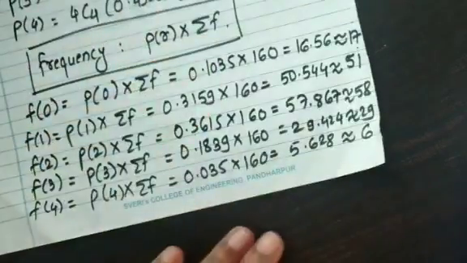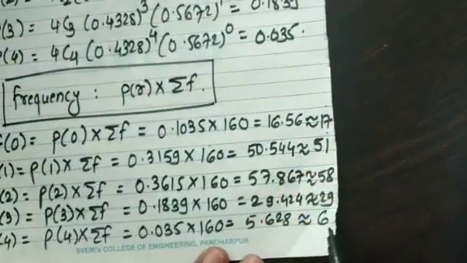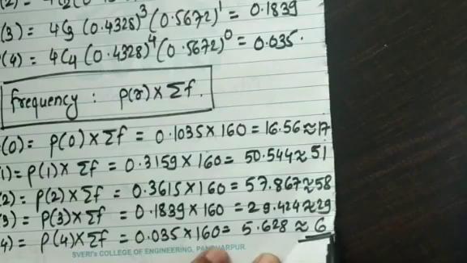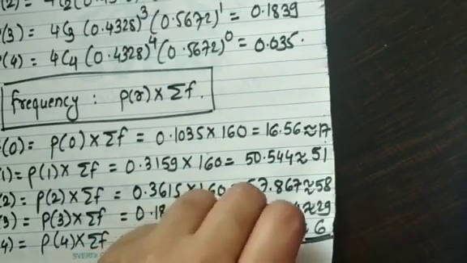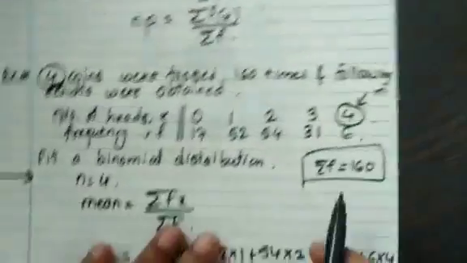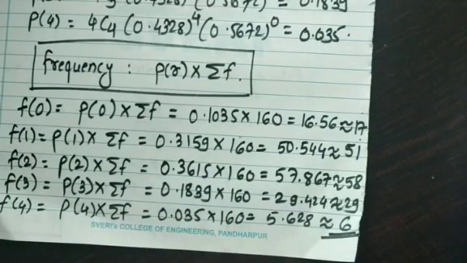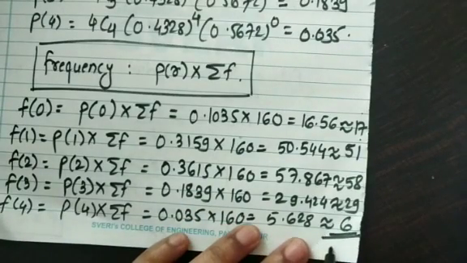Okay, and remember, whenever we are approximating these values and if we add them all, it must be the total frequency, that is summation f, and summation f was 160, so this summation should also be 160. So just check, is it 160?